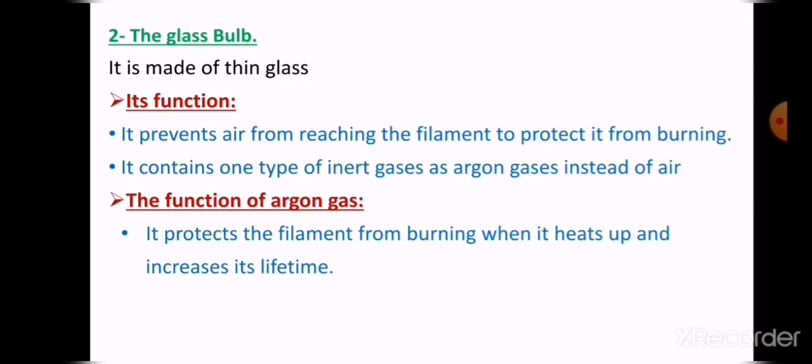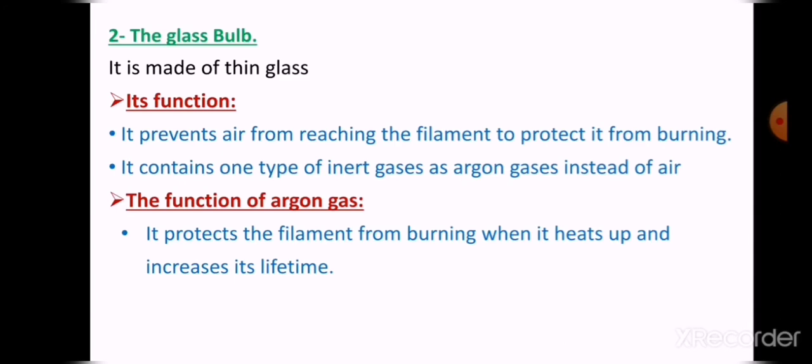This prevents the air from reaching the filament to protect it from burning. When the air reaches the filament, the filament burns, so the bulb doesn't work.